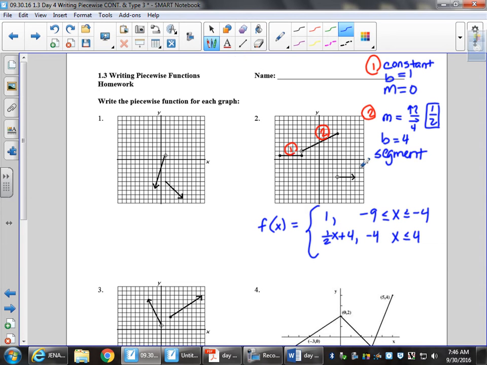Both answers are correct. One, this has already been accounted for. The x value -4 has already been accounted for. And I clearly see an open circle right there. So this is strictly x greater than -4. Nice job. Piece 3. It is a constant.